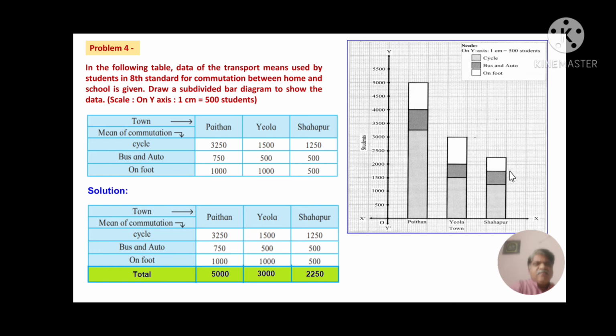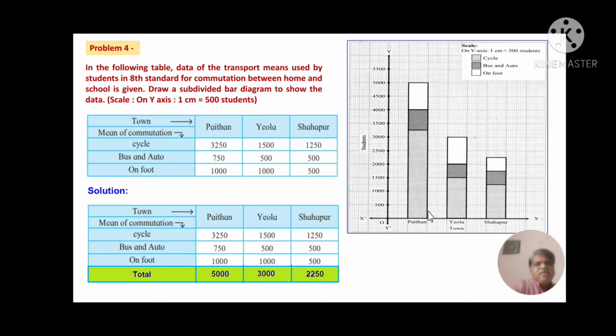This is the bar for Shahapur, wherein you could see 2250 students for Shahapur city, where 1250 students are coming to the school on the cycle, 500 students by bus or rickshaw, and the remaining 500 students are on foot.